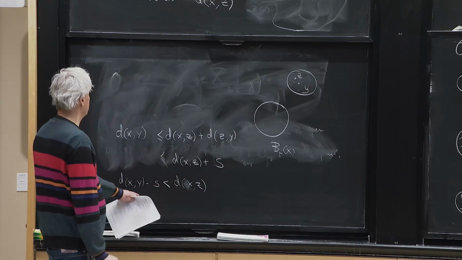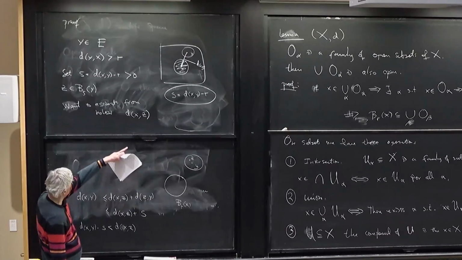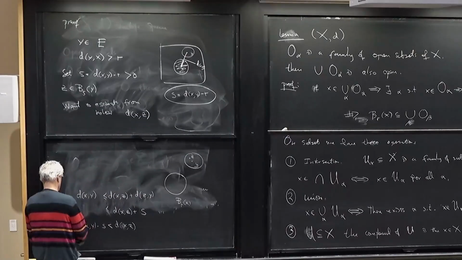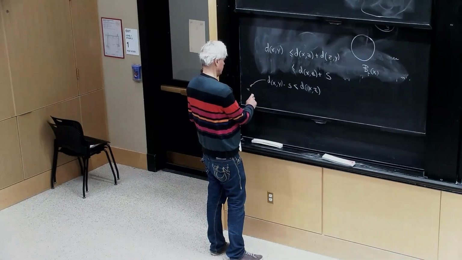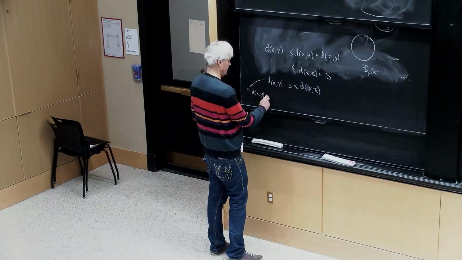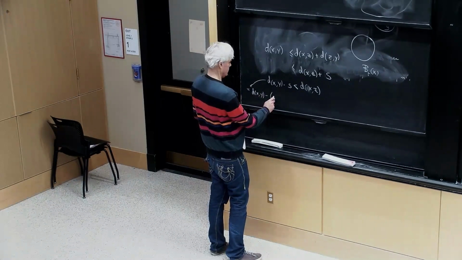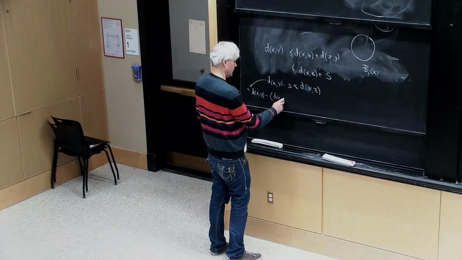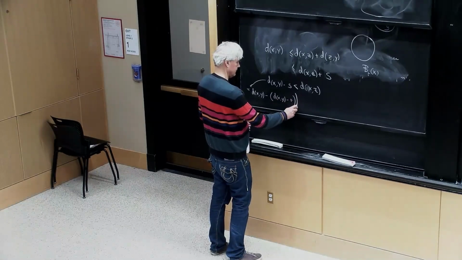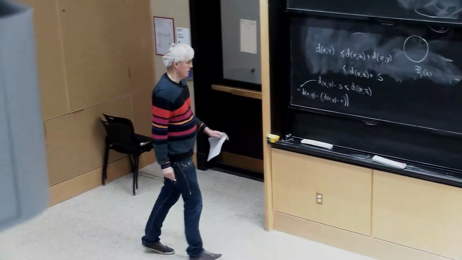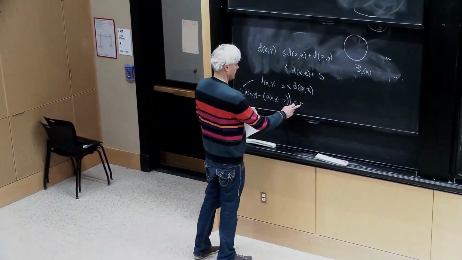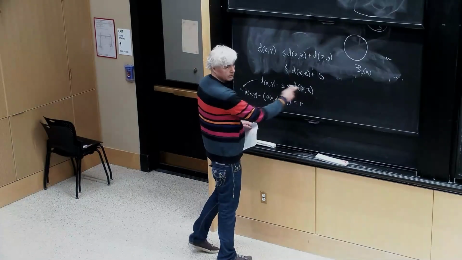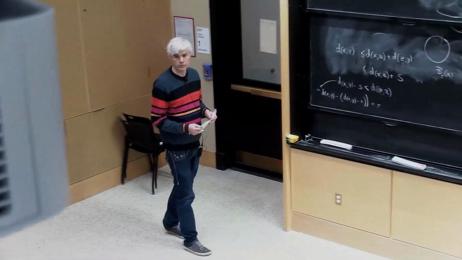Now we have to fill in what s is. s is up there, s is d(x,y) minus r. But you see those two cancel, and you're left with r, and so you have that r is strictly less than d(x,z), which is exactly what we wanted to prove.